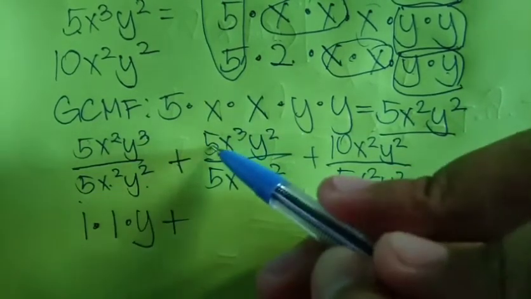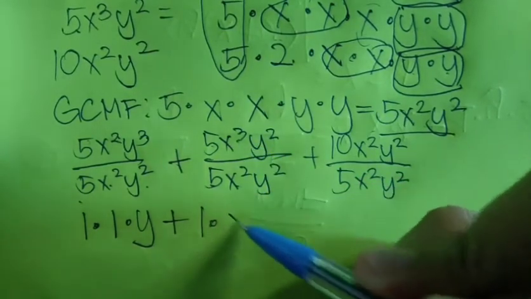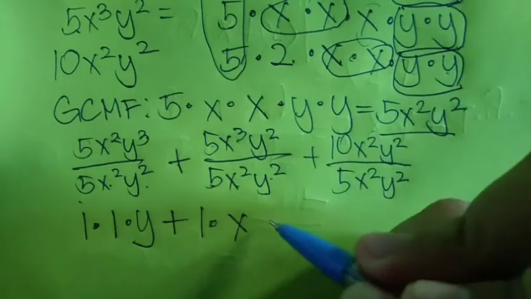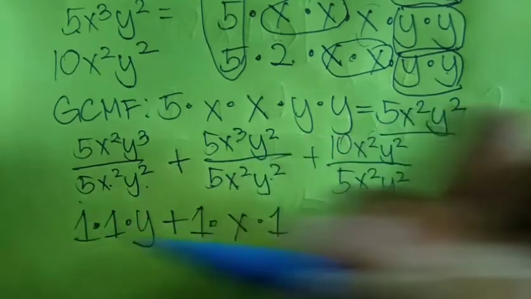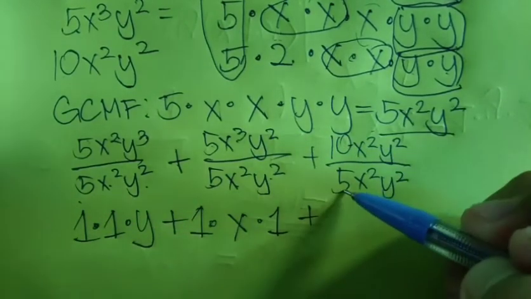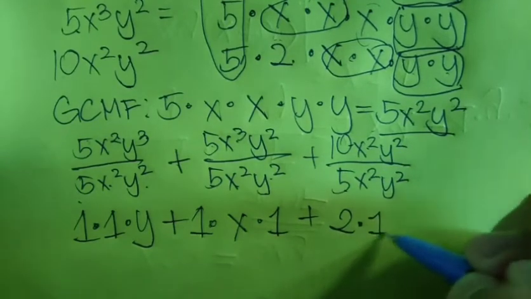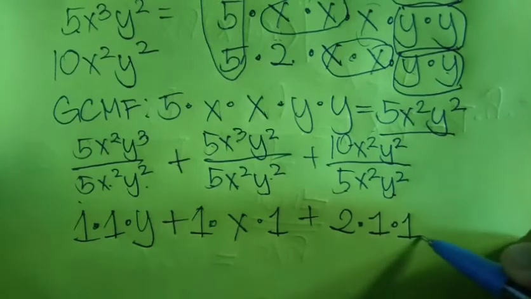Plus 5 divided by 5 is 1, x cubed divided by x squared is x, then y squared divided by y squared is 1. Last, 10 divided by 5 is 2. X squared divided by x squared is 1. Y squared divided by y squared is 1 as well.